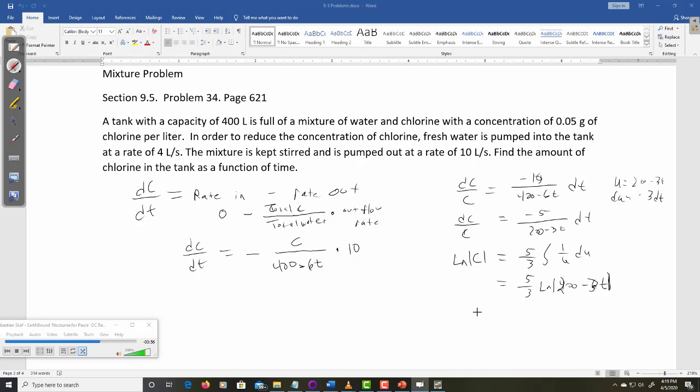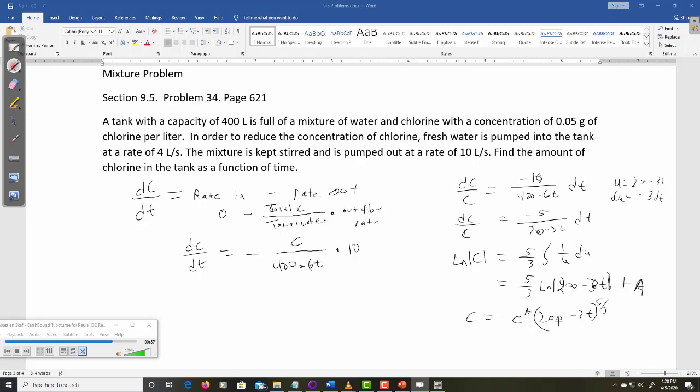And then put that in the exponent. Oh, plus C, forgot the plus C. Let's give that an A. C equals e to the A times 200 minus 3t to the 5/3.